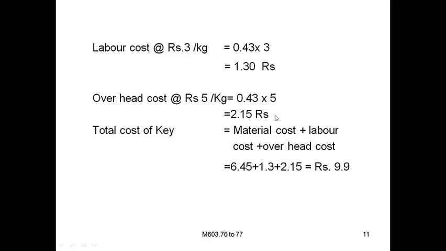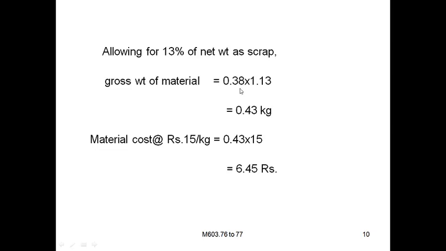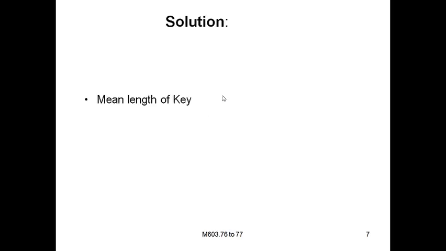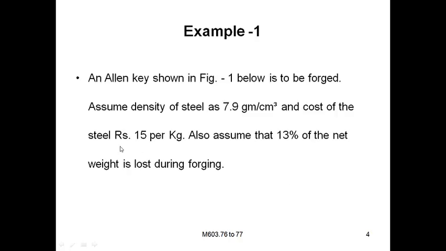Remember that this 13 percentage, instead of calculating all the forging losses in this problem, he told us to calculate 13 percentage directly. Note that he has not calculated the losses here.